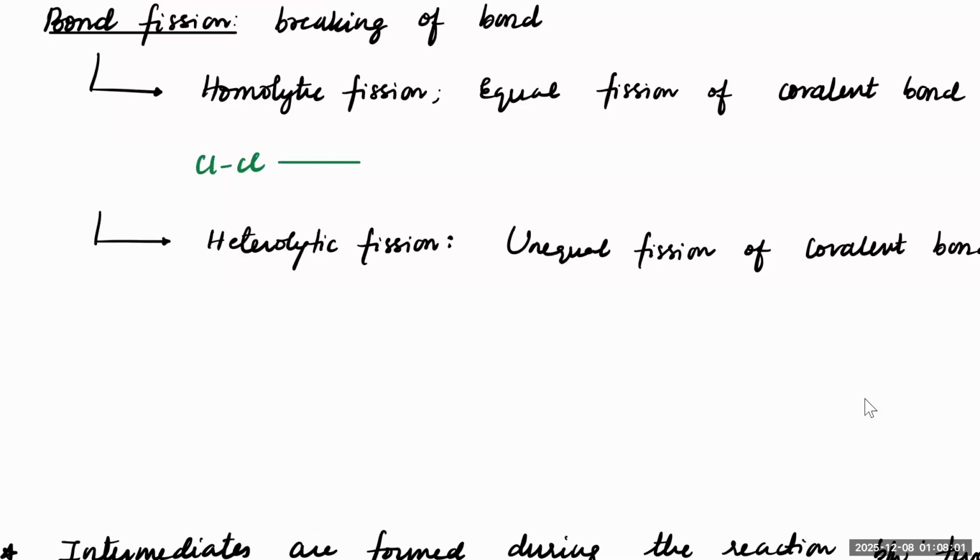Now if you provide light or heat, this bond will break into equal pieces, as in the pair of electrons is split equally, and it will convert into two chlorine atoms. These chlorine radicals are what we call free radicals. So in short, homolytic fission is about generating those free radicals.